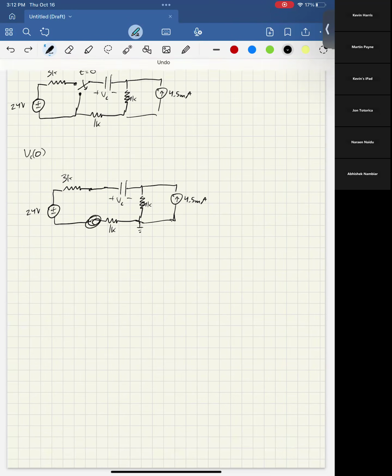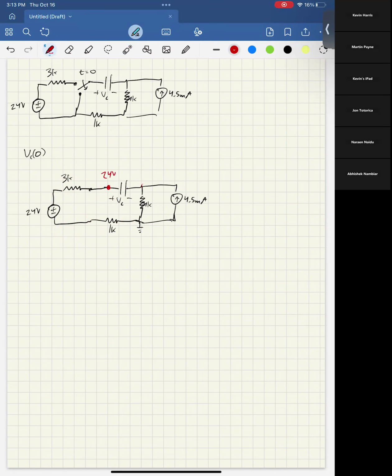But since this is an open circuit, there's no current flowing here, so if this is 0 volts, then this is 0 volts. And then if we go up 24 volts here, there's still no current flowing through here, so this is 24 volts. I'll label that as 24 volts.